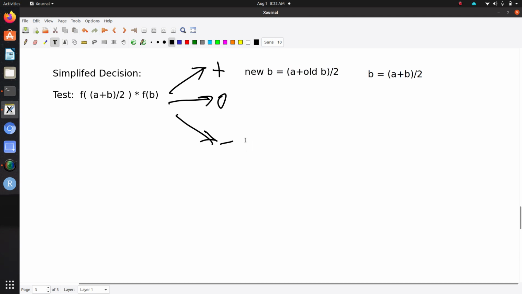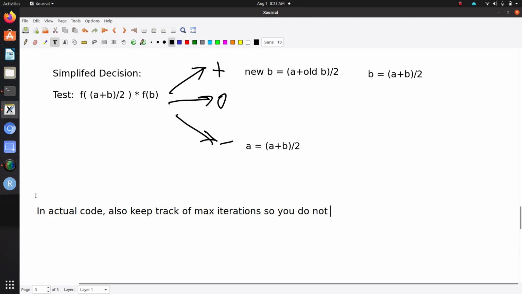And then over here, I would say a equals (a plus b) over 2, because m is becoming the new a in that case. Okay? So in your actual code, you also want to keep track of max iterations so you don't get an infinite loop.